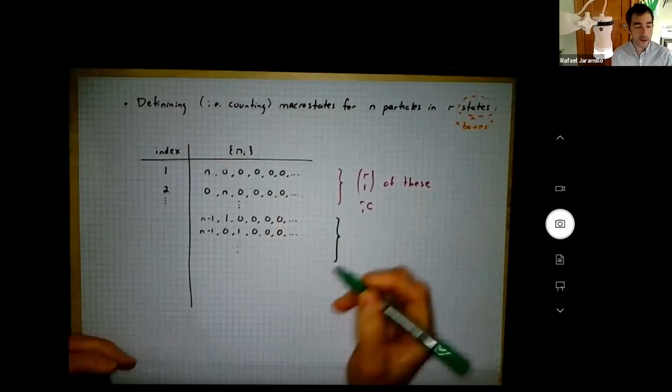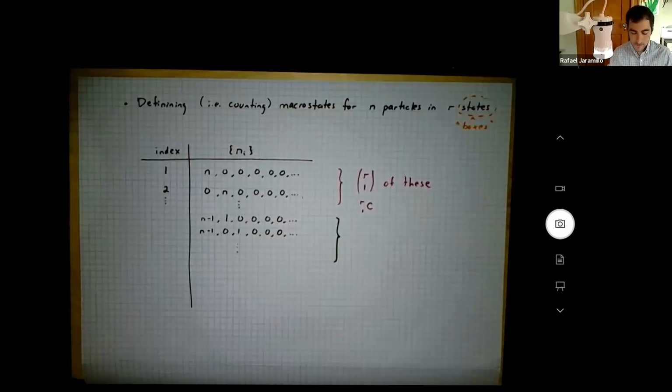I have R boxes, and out of those R boxes, I'm choosing 2 of them to have particles in them, where the rest are empty.